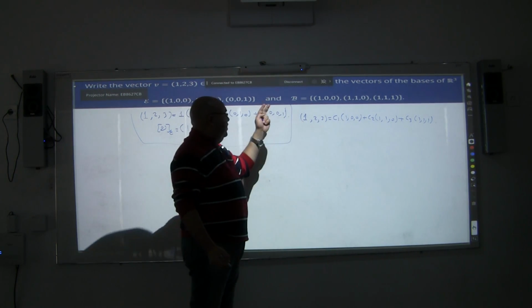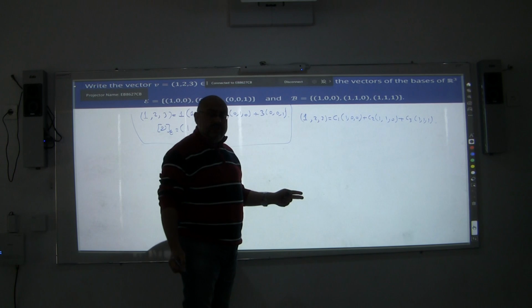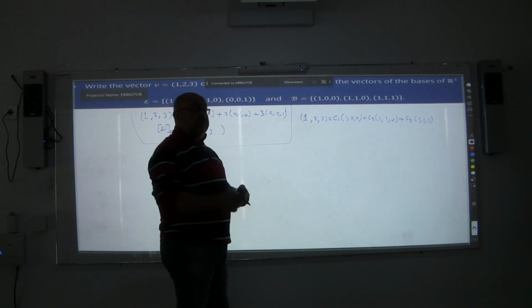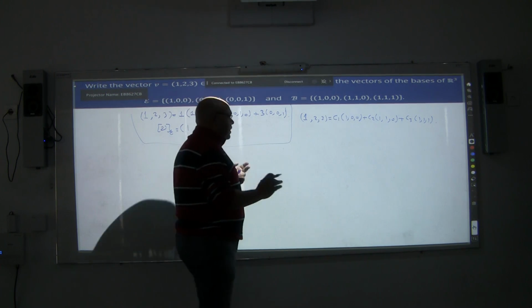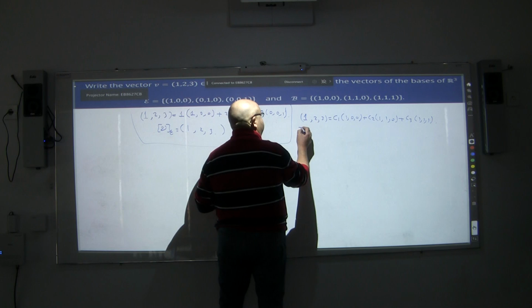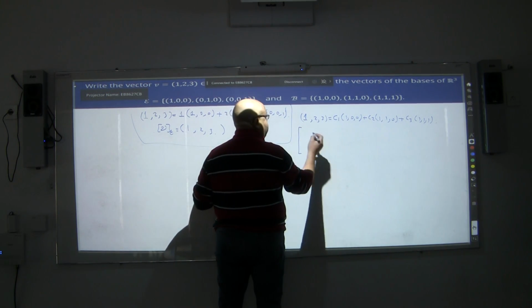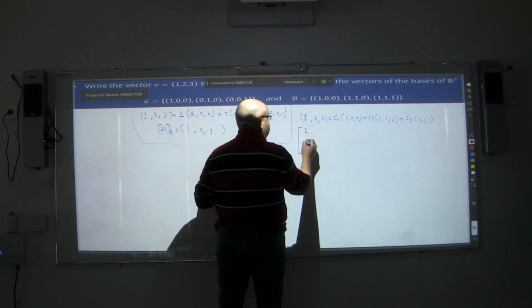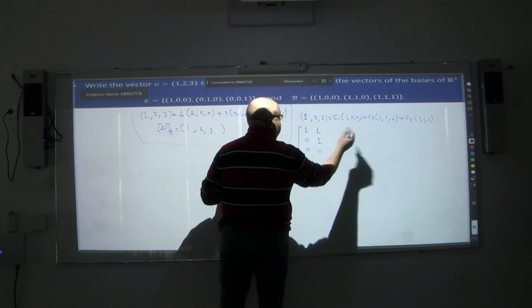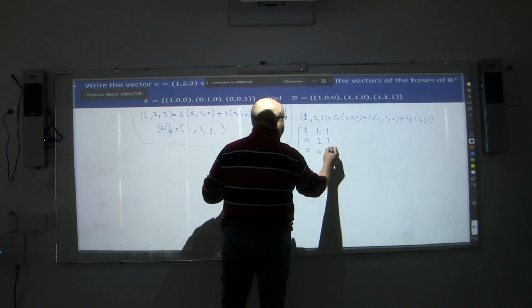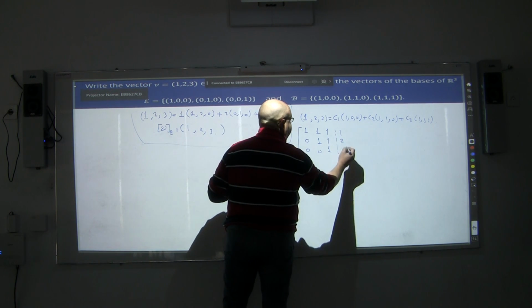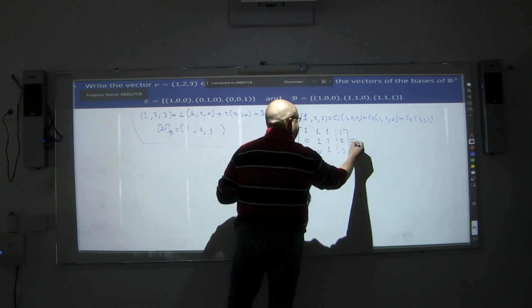I can solve this system of equations and get the coefficients C1, C2, C3. I can do it in many ways, but the one I usually like to use is forming directly the augmented matrix: the columns (1, 0, 0), then (1, 1, 0), then (1, 1, 1), and this is the vector that I'm aiming to get.